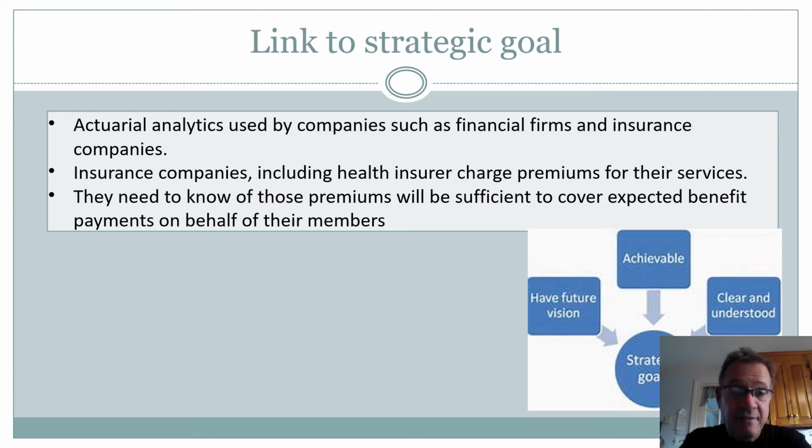So actuarial analytics is used by largely financial firms and insurance companies, and this is dealing with understanding and evaluating and putting real numbers on risks for different people. So for an insurance company, for example, an insurance company charges a premium for people who buy their services.